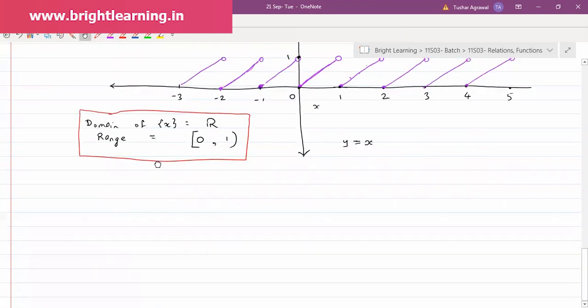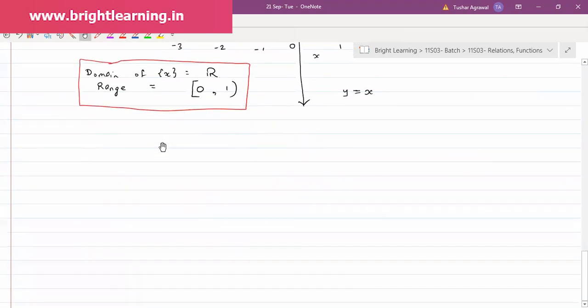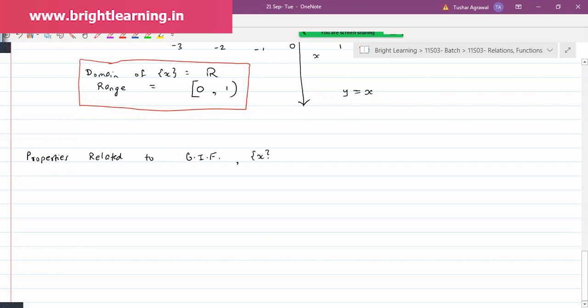And now some properties related to fractional part. GIF is the greatest integer function. Properties related to the greatest integer function and the fractional part of x function.